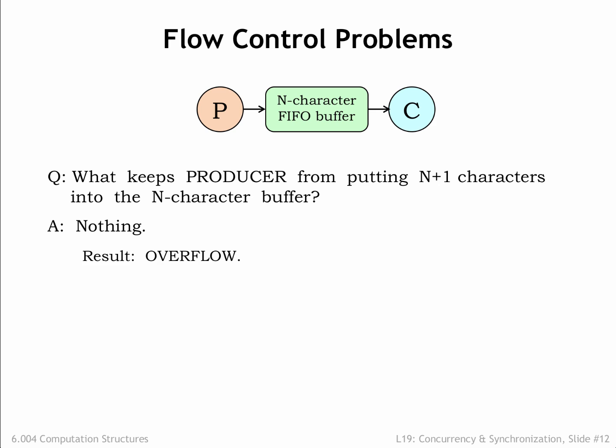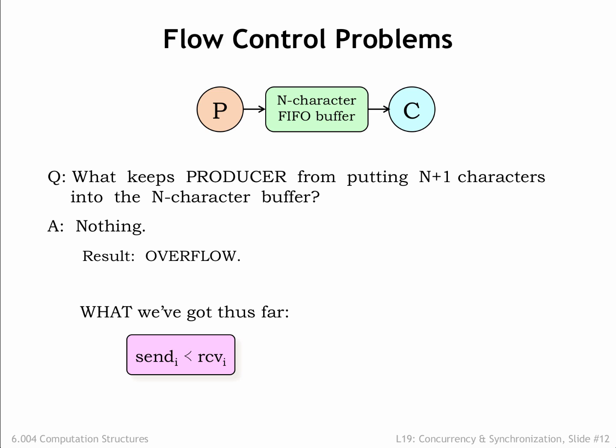Oops! The producer can start to overwrite characters placed in the buffer earlier, even though they haven't yet been read by the consumer. This is called buffer overflow, and the sequence of characters transmitted from producer to consumer becomes hopelessly corrupted. What we've guaranteed so far is that the consumer can read a character only after the producer has placed it in the buffer.